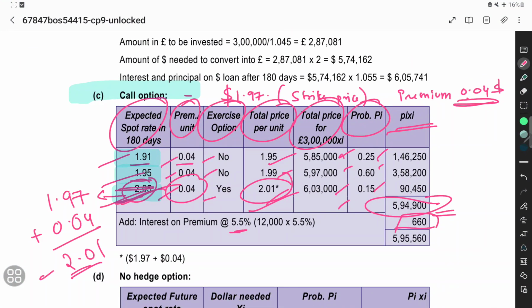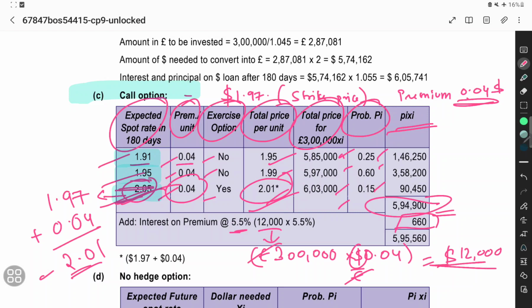So that 0.04, this 12,000, how this 12,000 is derived, I'll write that also. 3 lakh is my total quantum, pounds, into 0.04. So pound into dollar by pound, so pound goes. So this is my dollar quantum, which is $12,000, which I have to pay upfront, premium. This into 5.5% for 6 months.